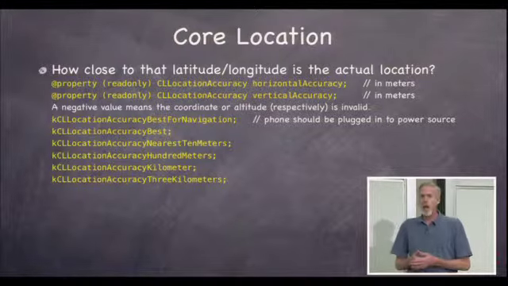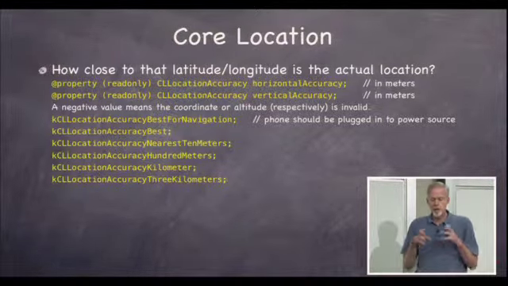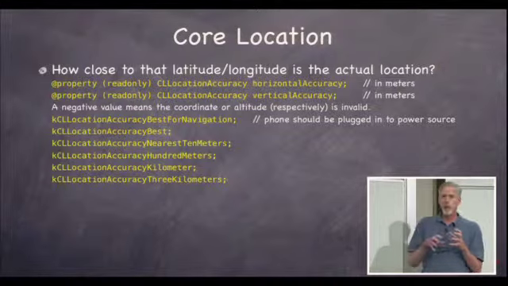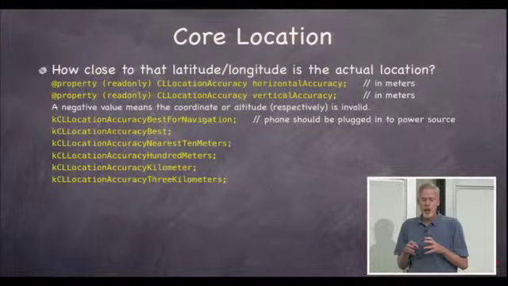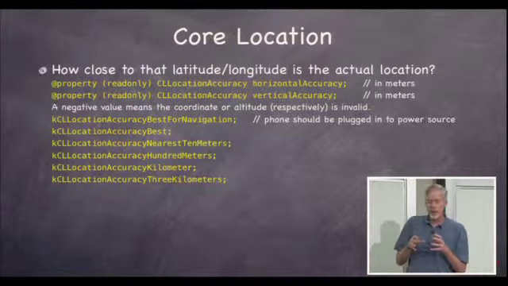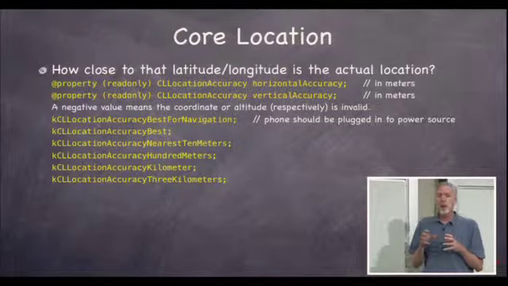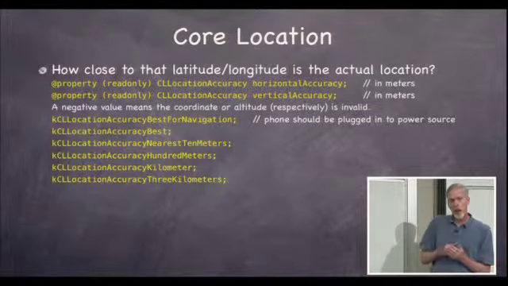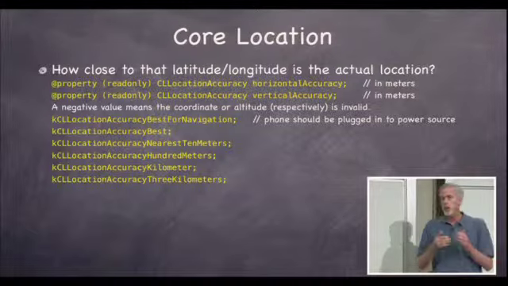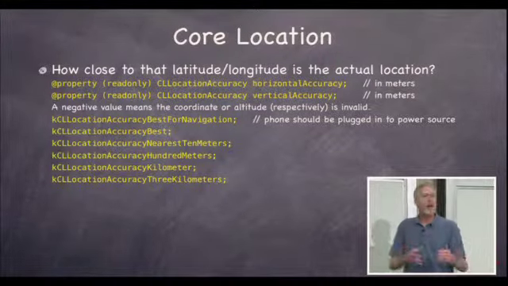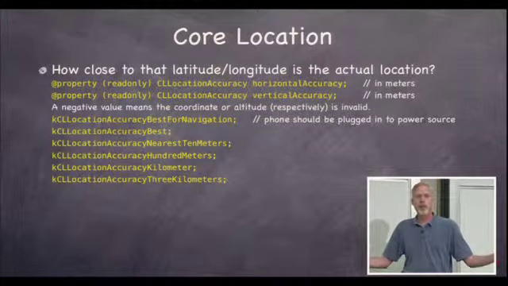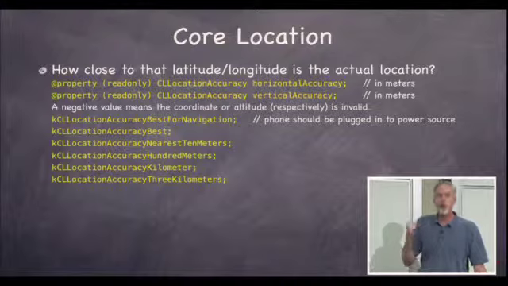So let's talk about this accuracy business. How close is the latitude and longitude in that coordinate property inside of a CLLocation to the actual location? There are a couple of other properties on CLLocation called horizontal accuracy and vertical accuracy, which tell you in meters how far off this thing could be. You don't really look at this as a number in meters, like 27 meters.